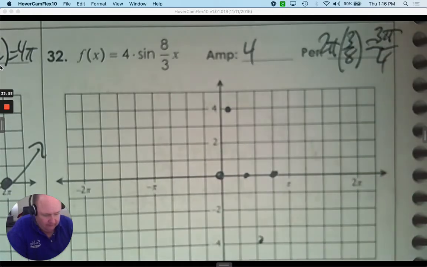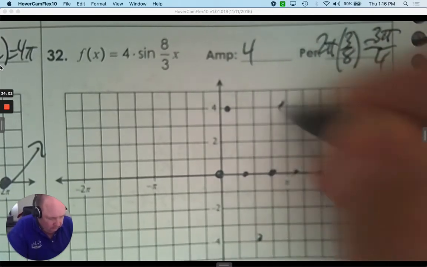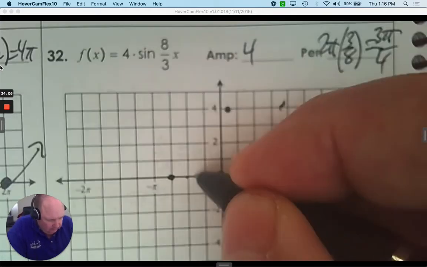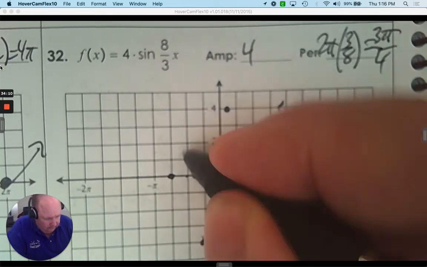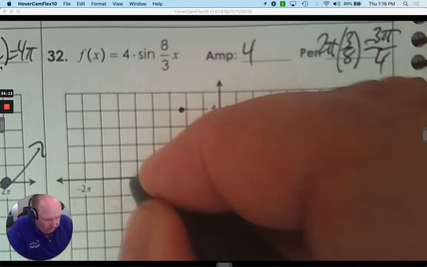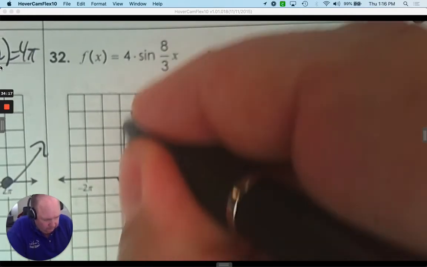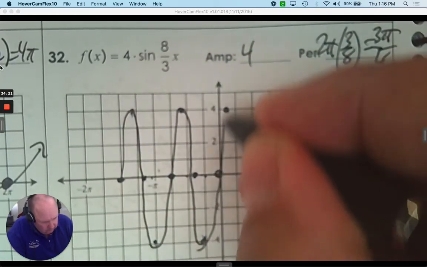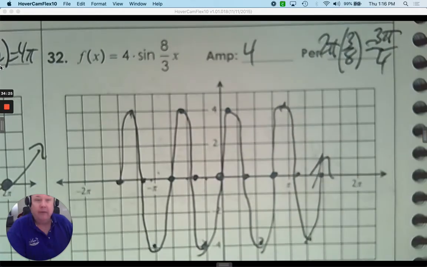And there's the pattern back and forth. So 1, 2, 3. The middle, it goes up to 4, down to -4. 1, 2, 3. And the middle, it goes down, another middle, and then it goes down, and then up. 1, 2, 3. That's plenty now.